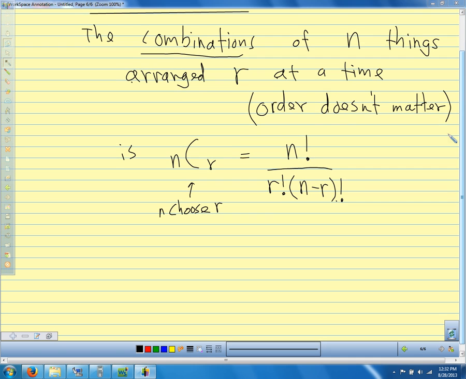So I'll show you how we calculate a combination, and then we'll do an example. So example, we did 7P3. We'll do 7C3. 7 choose 3.